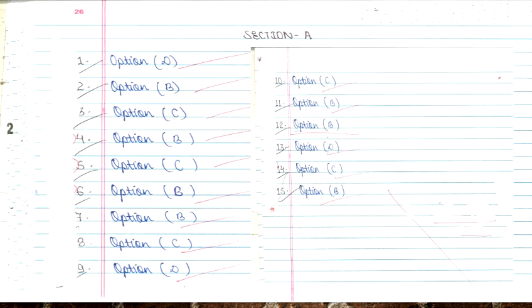Okay, so let's proceed to the assertion reasoning question. The theory of primary mental abilities states that intelligence consists of primary abilities, each of which is relatively independent of others.